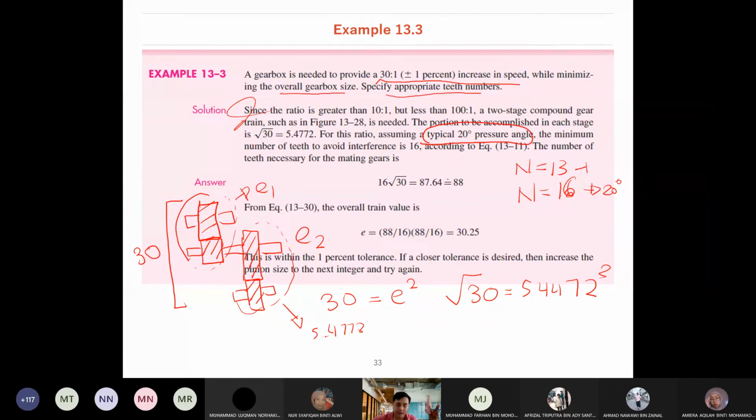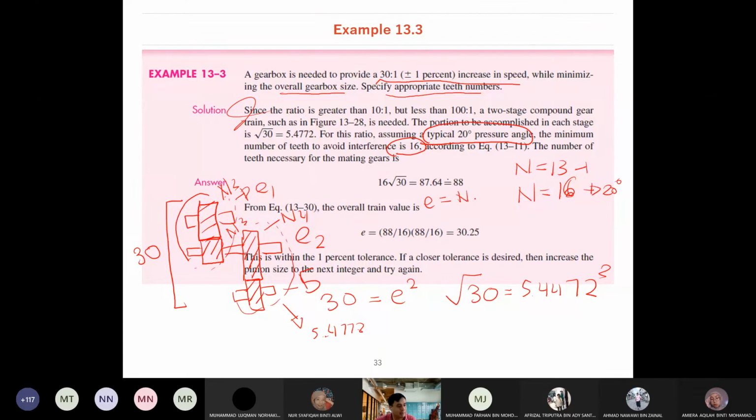So awak kena tahu what is the value teeth the second gear. Now the question is, macam mana awak nak tahu which one is the, contoh you have the N2, N3, N4, N5. Okay. So salah satu daripada gear ni sebenarnya you have dah dapat answer lah. Kan dia dapat 16 kan. Satu lagi tu macam mana nak tahu? Alright. Kat mana formula tadi lah, E sama dengan apa tadi?